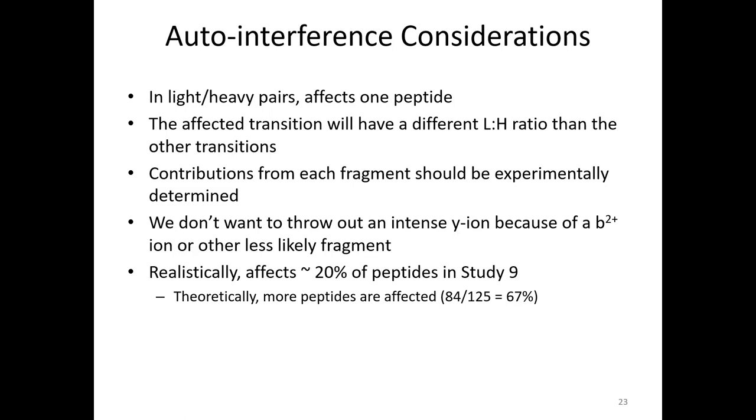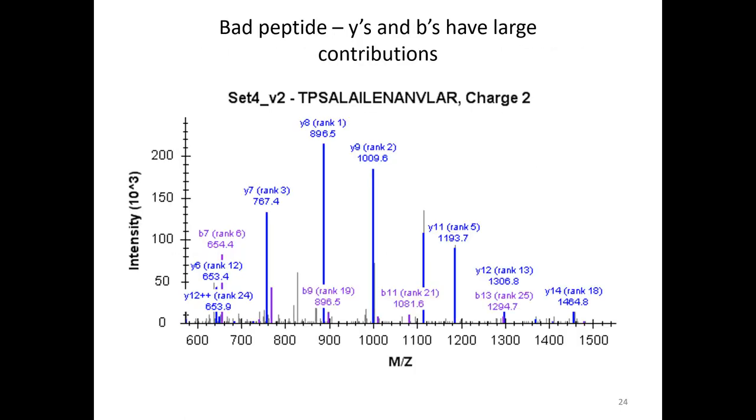Like if empirically, when you fragment it, that product ion is really only produced from the Y ion and not the B, then there may be no need to throw out that transition. So there are things you can do to evaluate this. And this is one example where we have Y and B ions that have large contributions, and some of them are overlapping.